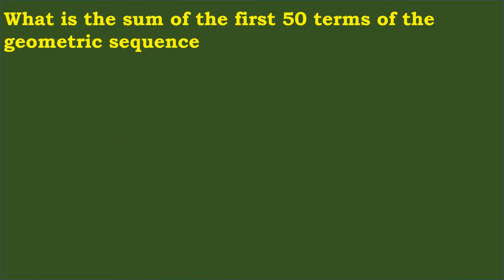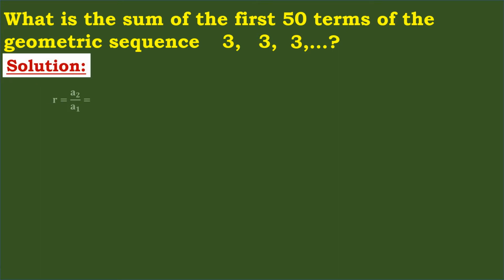The first example: what is the sum of the first 50 terms of the geometric sequence 3, 3, 3, and so on? So, puro 3, pero hanggang 50 terms. Ilan ang sum niya? Kunin muna natin yung common ratio. Obviously, the common ratio here is equal to 1.